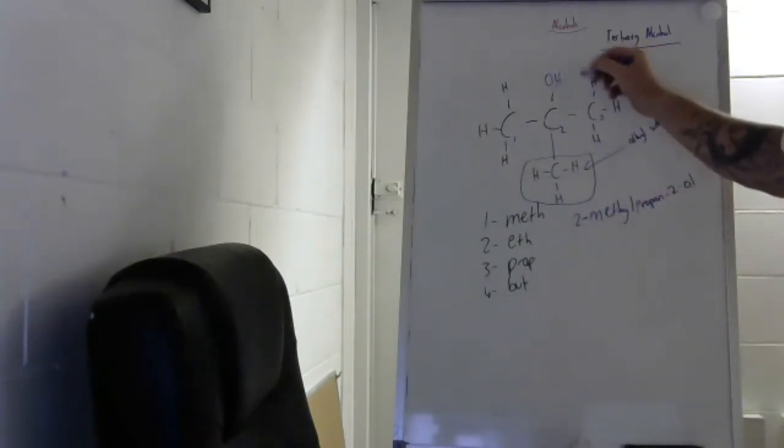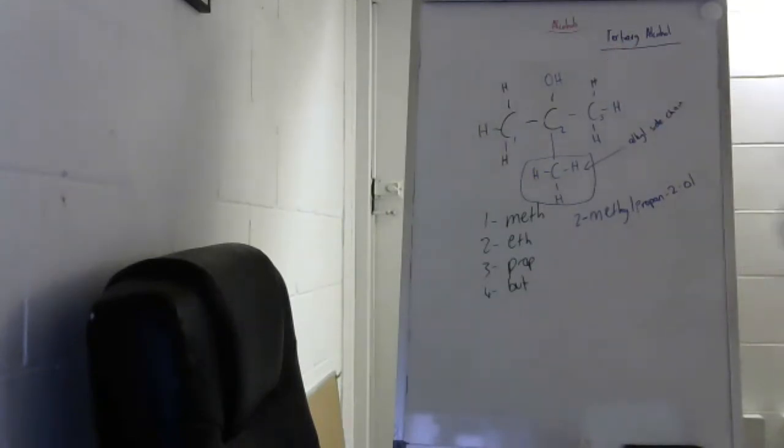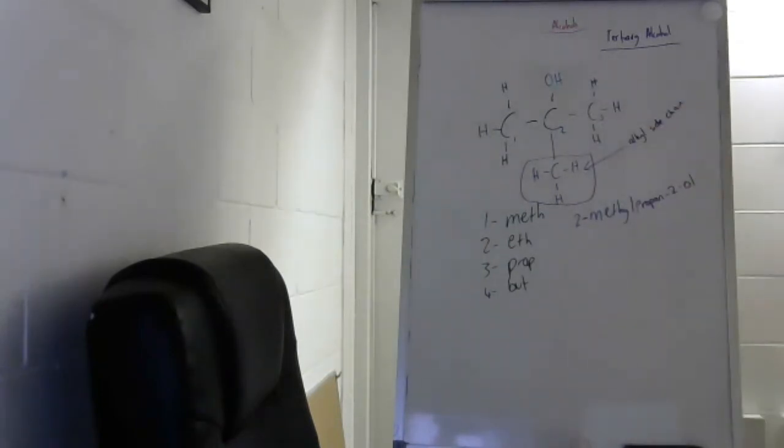The alcohol group's coming off the second carbon, and it's an alcohol, so we call it -ol. I guess the way that I try to teach this is it's all pretty much the same stuff. You just have to get used to and understand the functional groups and the bits that go on the end for each.